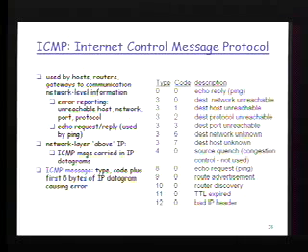So it runs in the network layer, and it can be used either in the end network or inside the core of the network. When you use a program called ping, you are really sending out these packets, which are ICMP packets.